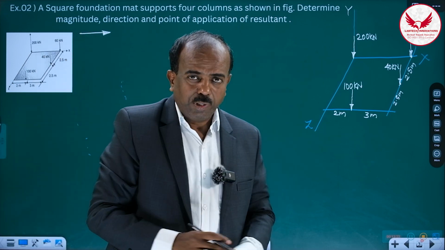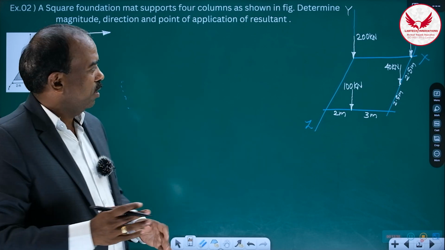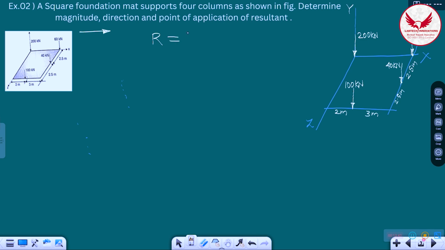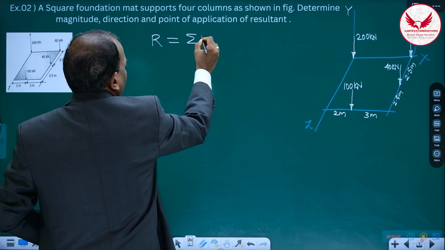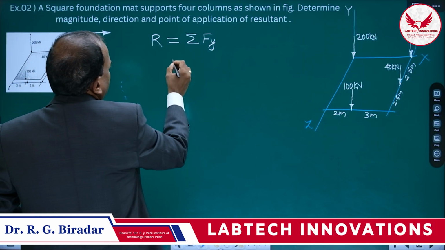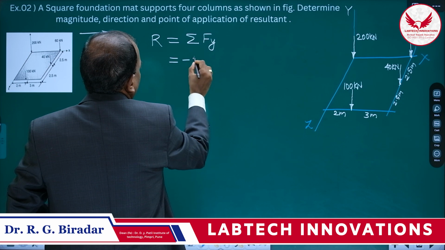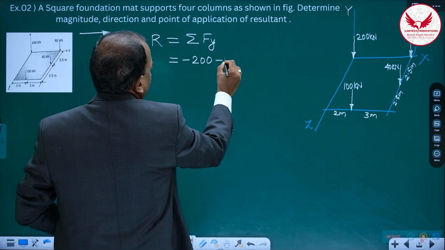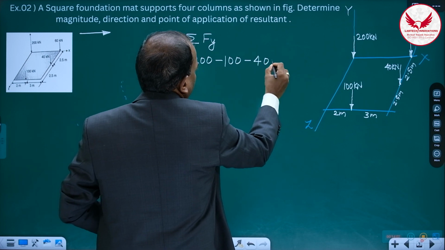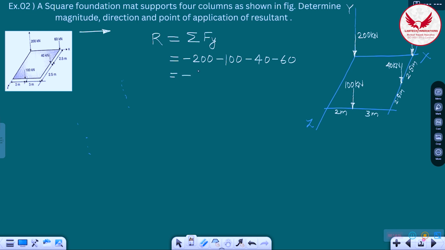Again, it's very simple. R is equal to summation F and use Varignon's theorem twice. That's all. So here R is going to be summation Fy, because all these forces are acting in the y direction only. Then we'll start with 200 minus 200 minus 100 minus 40 minus 60, means it is minus 400.